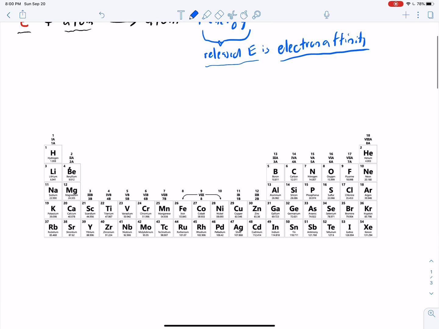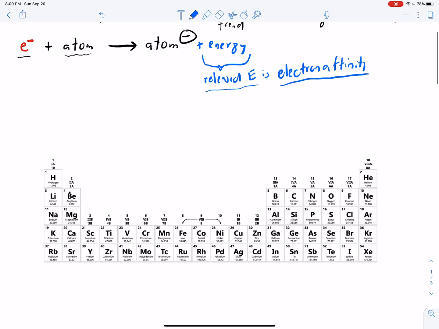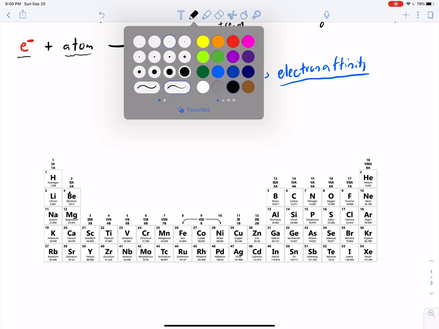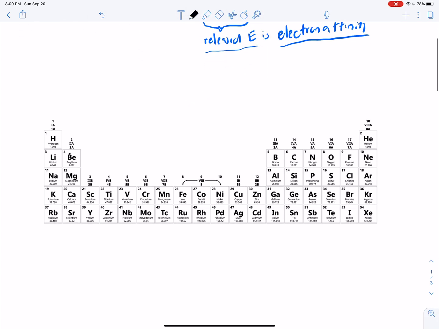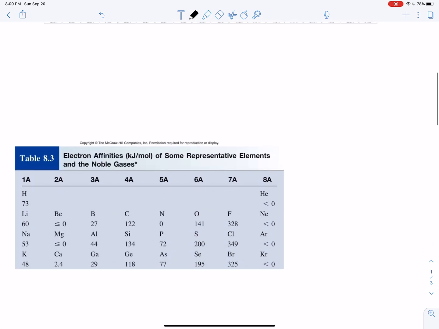All right, so the periodic trend for electron affinity is far weaker or less consistent than what you see for ionization energy, but there's a very rough trend as we go across the periodic table. I'll show some data. I copied this table out of Chang. I did a better job this time of keeping things like the units and where the table is from. This is table 8.3.